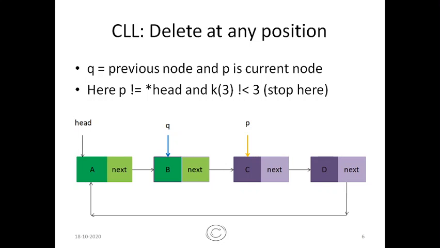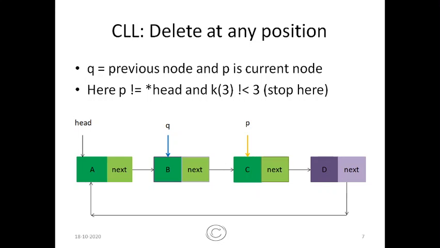Now it is equal to 3, so it will stop here. And we will reassign and adjust the pointers of the previous node and current node. These green marked nodes are already visited.